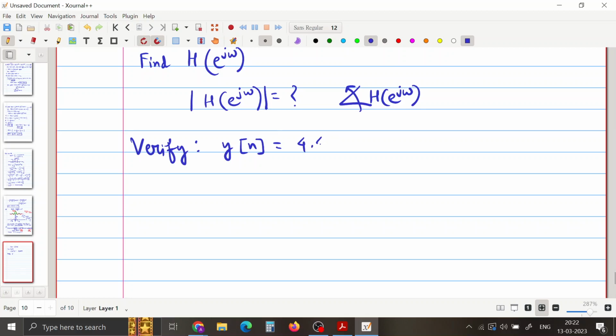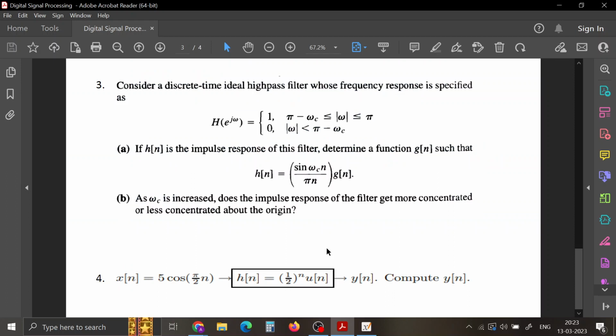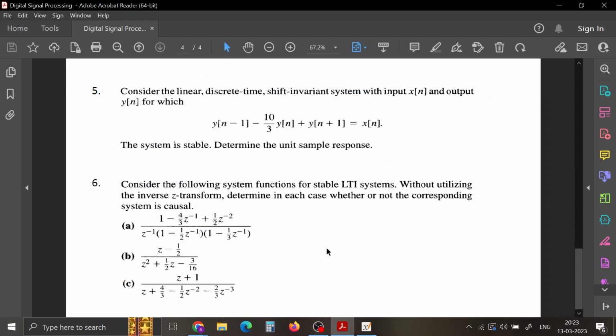I found the output to be something like this, approximately. So you can check if you also get this or not. Should be easy enough. And finally, these are the two questions that are remaining.